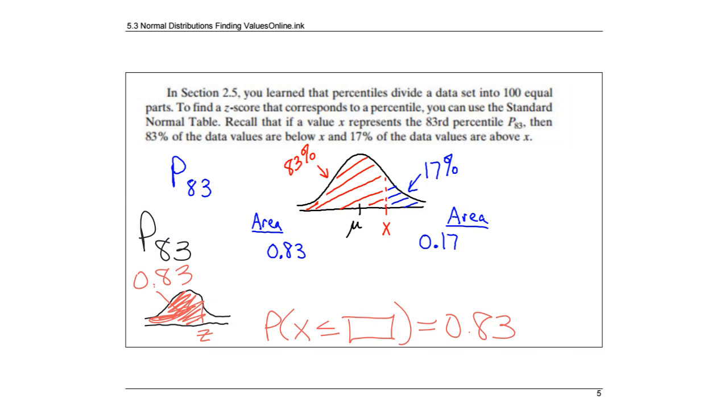But what I wanted to show you here is back to the fact that the area under the curve is 100%, or 1 if we're dealing with decimals. So here, if I have 83% on this side, that means I have 17% on this side, right? Because it would be 100% total minus the 83 would give me the 17%. So I just wanted you to see that of where together those two areas would give me 100%.